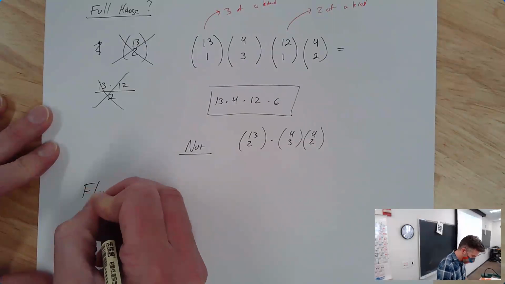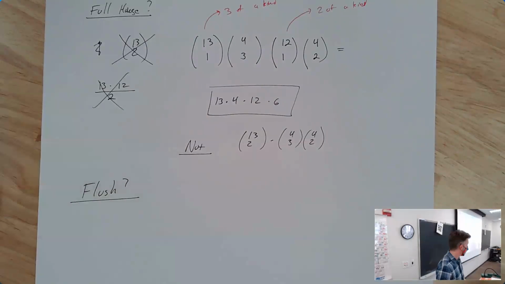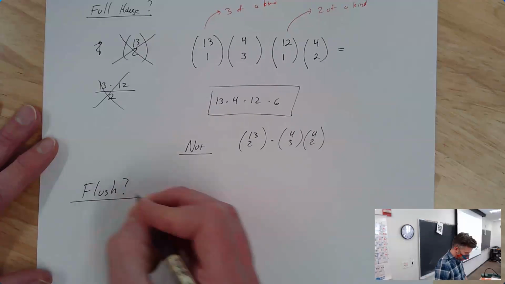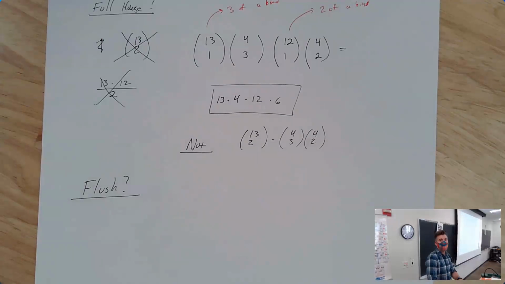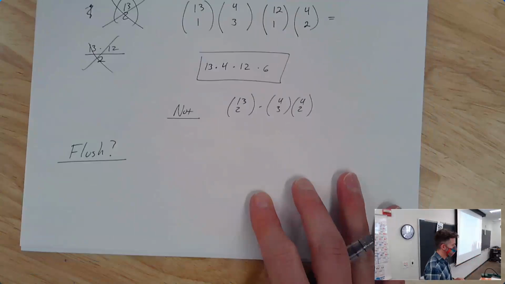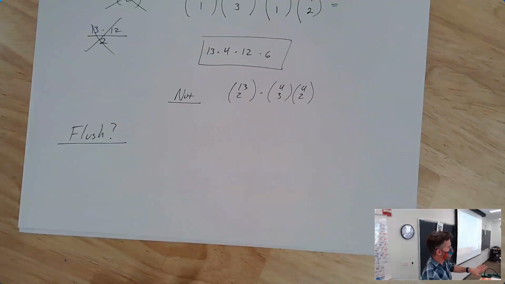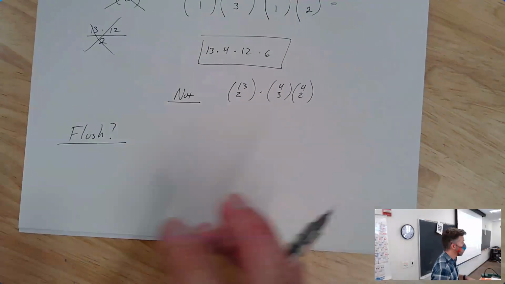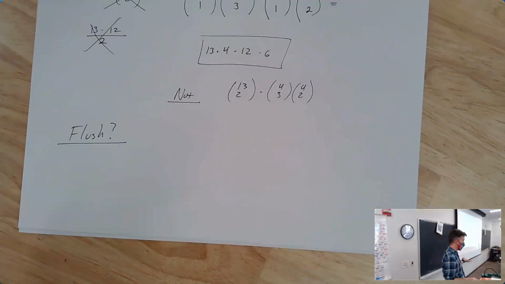How about a flush? How many ways of getting a flush? Well, this is a terrible question. And here, I'm going to show you why it's a terrible question. It's not actually that terrible, but I'm going to show you why it's a little terrible. So a flush means all the cards are the same suit. So first of all, let's pick a suit.